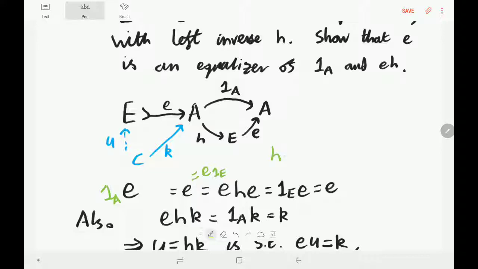And we have h e equals 1_E, so e 1_E equals e h e.